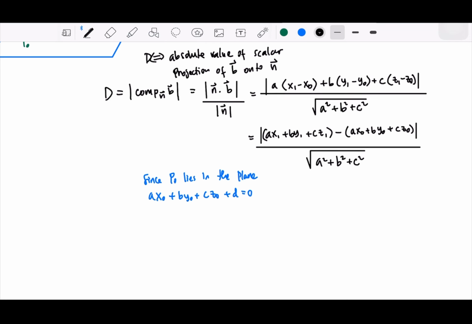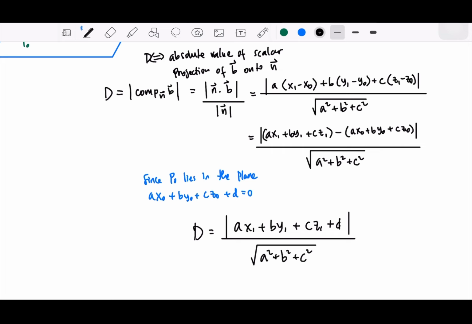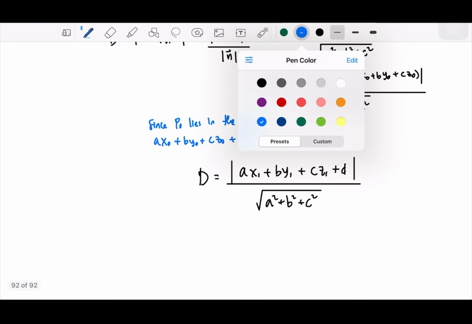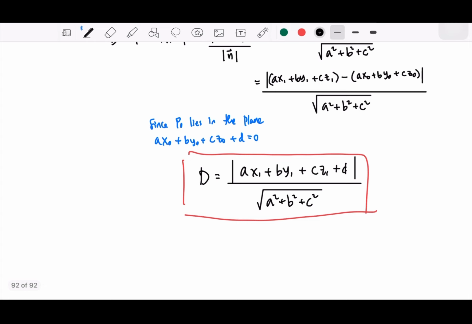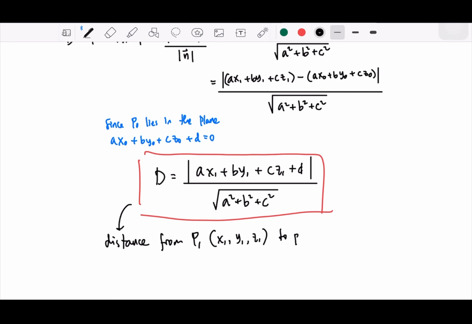Then we will have the formula that the distance will be the absolute value of a x1 plus b y1 plus c z1 plus d, over the magnitude of N. So this is the distance from P1 to the plane ax plus by plus cz plus d equals 0.